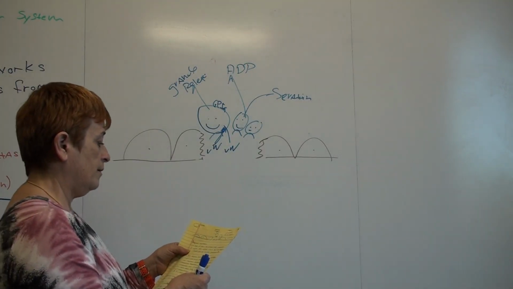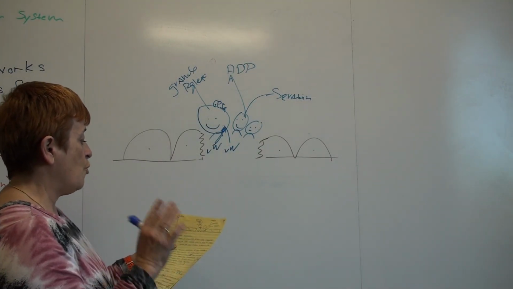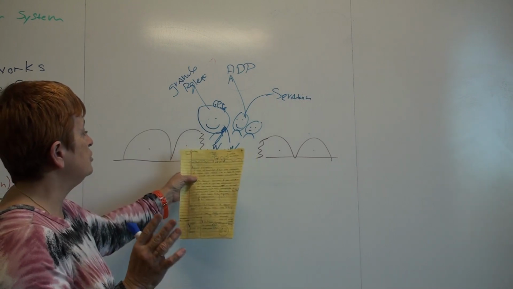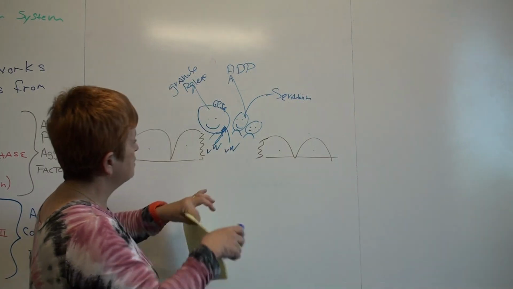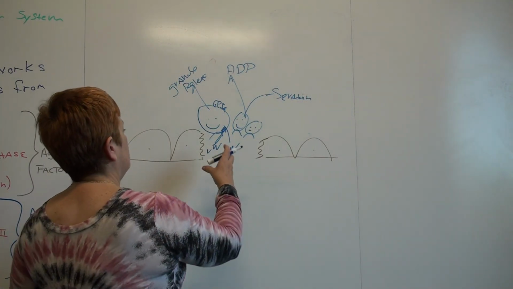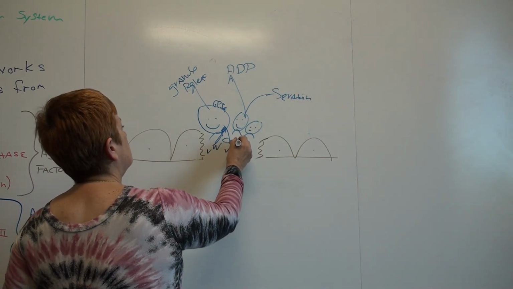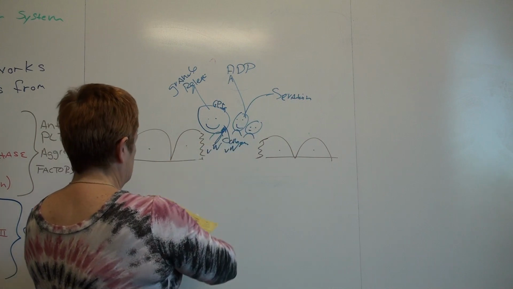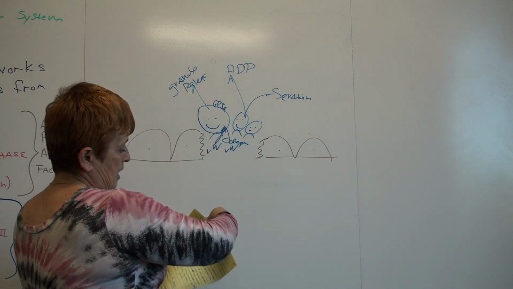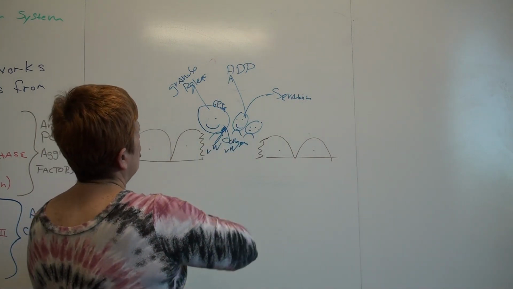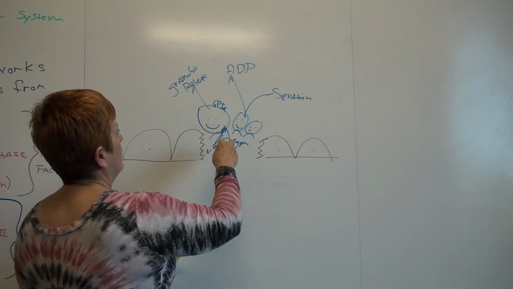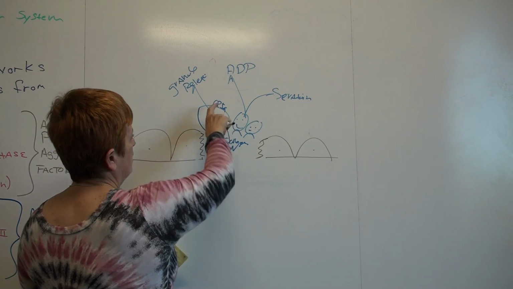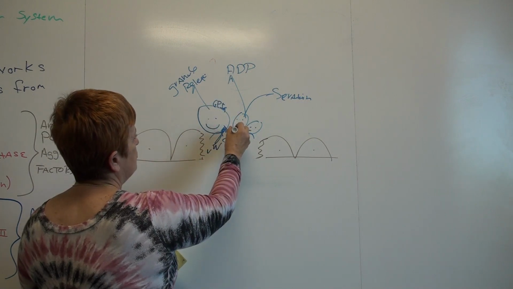My injured cells are going to be releasing von Willebrand's factor. The platelets are going to come in and stick to the collagen. Let me put collagen over here. The platelets hook on there by GP1A. This is GP1A.